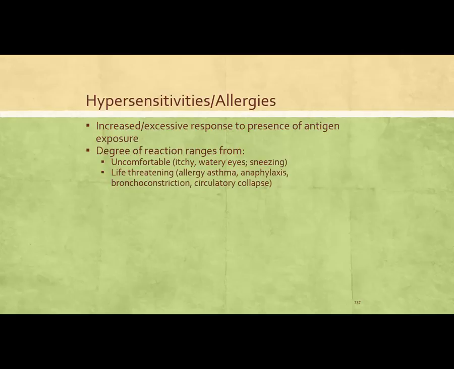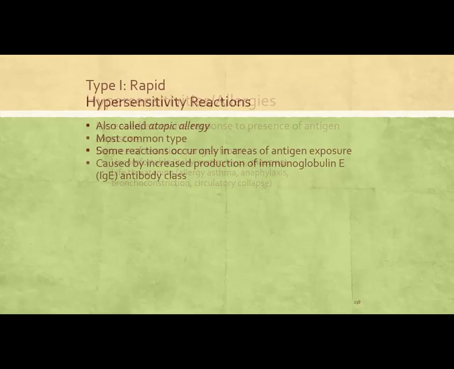And so when we talk about the hypersensitivities then, when we are thinking about rapid type 1 hypersensitivity, it's really the most common. And with type 1, it's excess immunity with acute inflammation. And it's caused by the increased production of IgE.